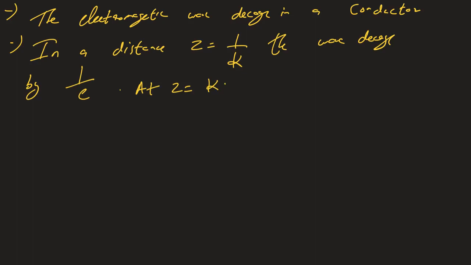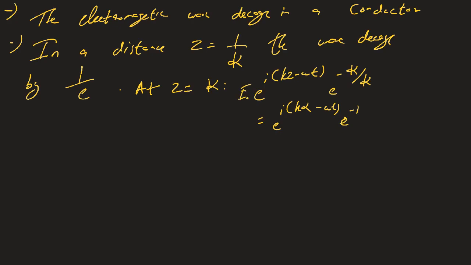At z equal to 1 over kappa, what you have is e to the i of the real part k z minus omega t, where z becomes 1 over kappa, fine, and e to the minus kappa over kappa, so that's equal to e to the i of k over kappa minus omega t, times e to the power minus 1. So its amplitude has decayed. Of course there is some e naught multiplying here as well, but it has decayed by this factor, okay.